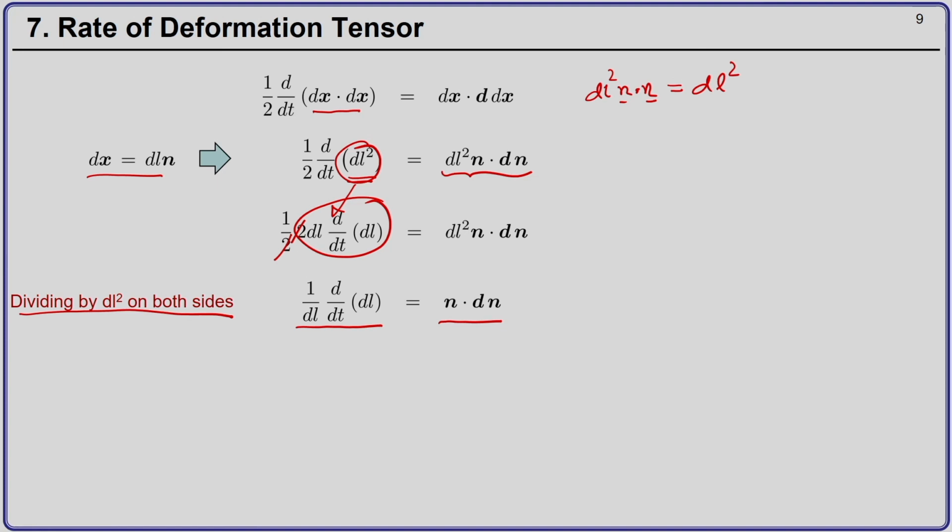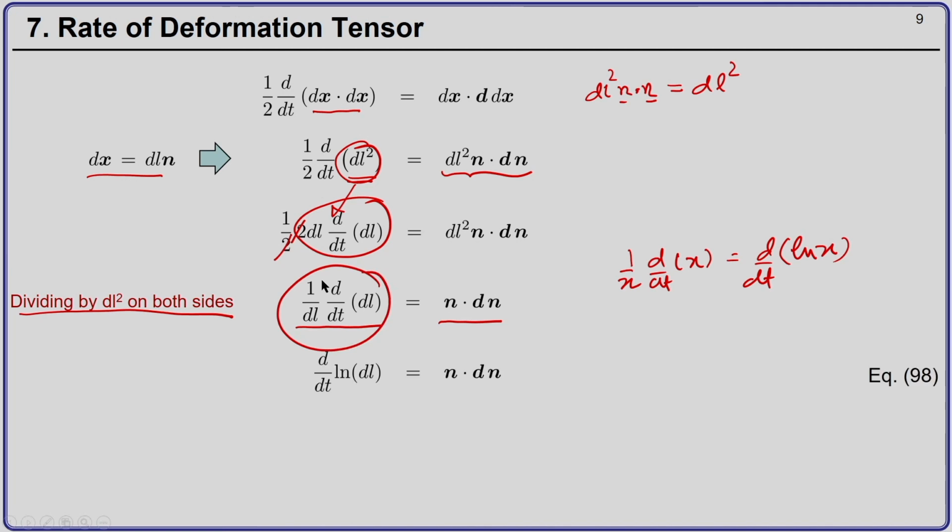Now, you can recognize that 1 by x d by dt of x is nothing but d by dt of ln x. This is a property: the derivative of the logarithm is 1 by x d by dt of x. So, this can be written as d by dt of natural log of dl equal to n dot d n.